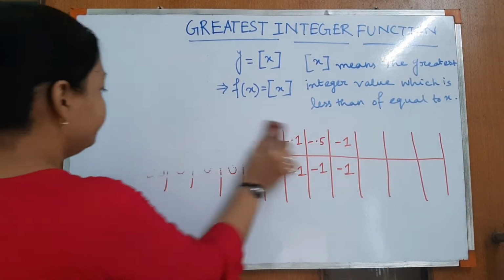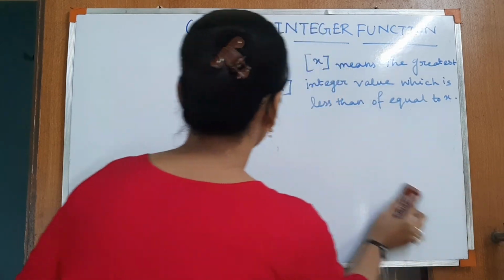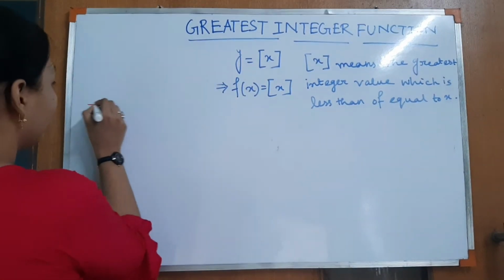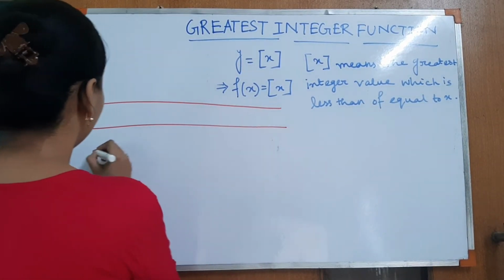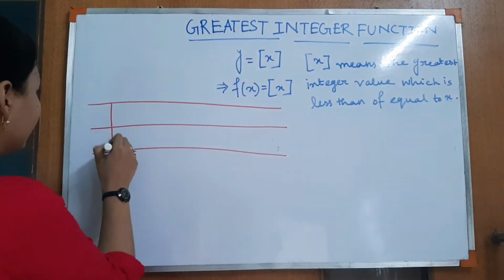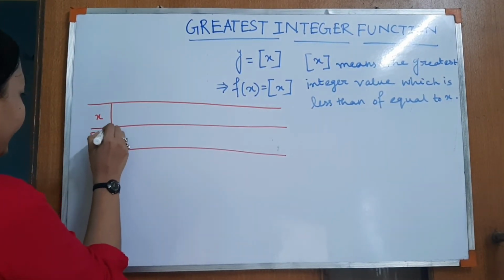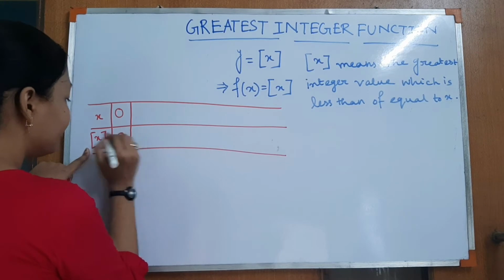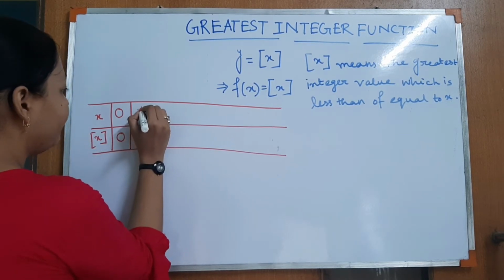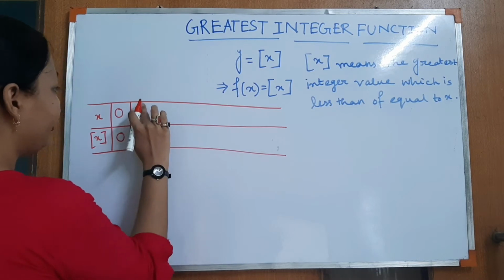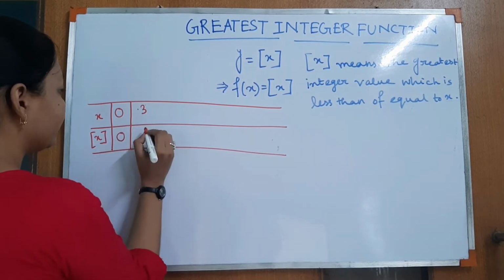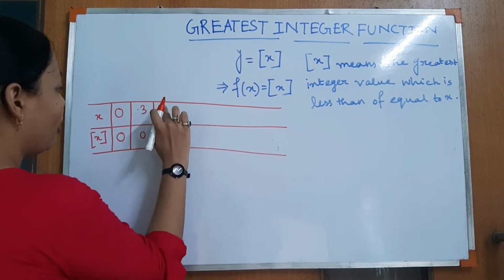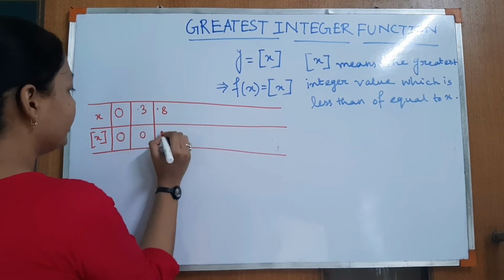So in this way we make a list of x and box x. If we take 0, then the value of box x is 0. If we take 0.3, 0.5 or 0.8, then the value of box x is 0.